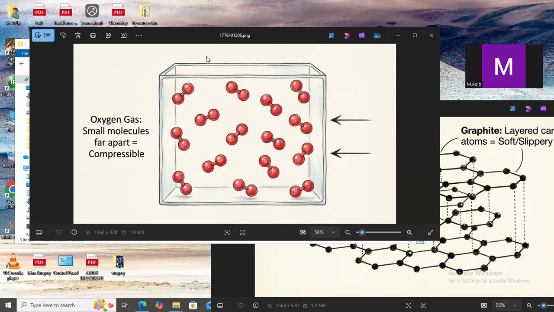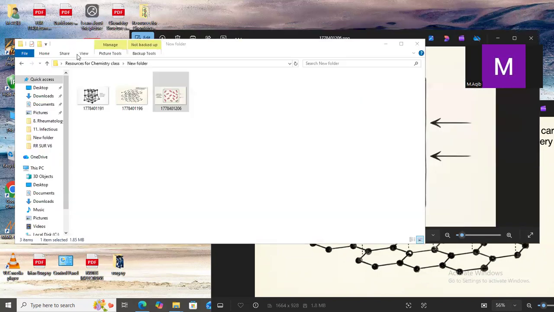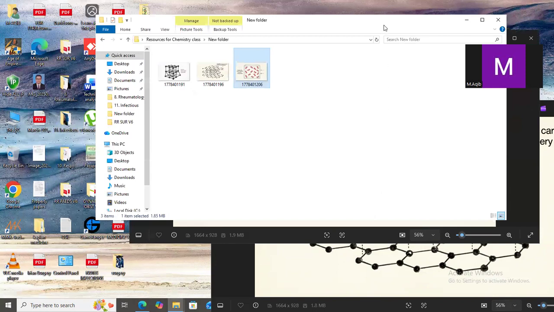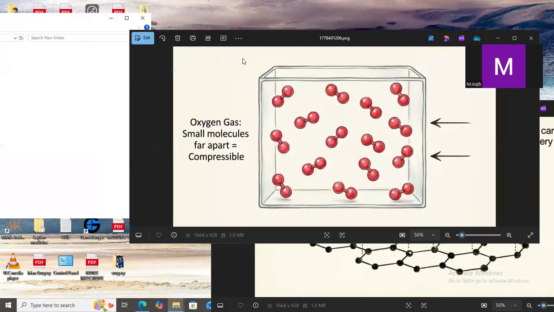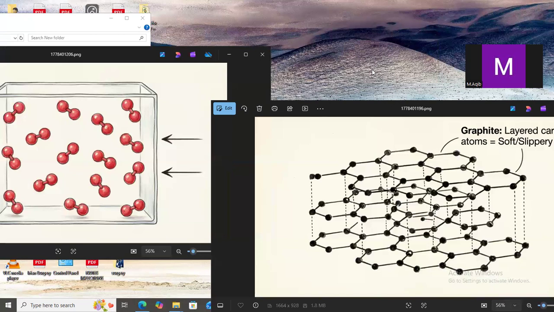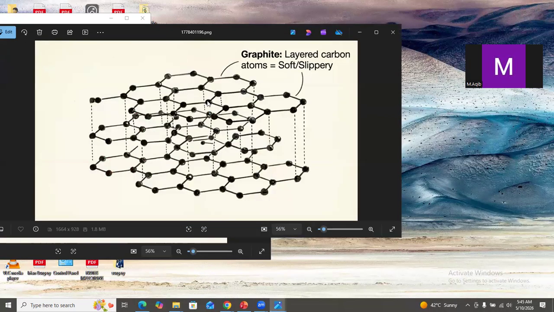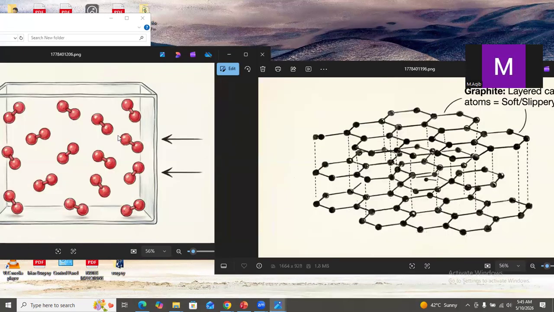It's not compressible. Diamond. Diamond is not compressible. If we look at this, for example, even the graphite and the diamond are not as compressible as oxygen, because the graphite and the diamond are both solids, and they are both bonded by covalent bonds, and they also have intermolecular forces.